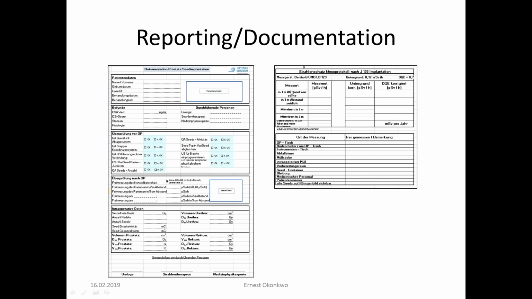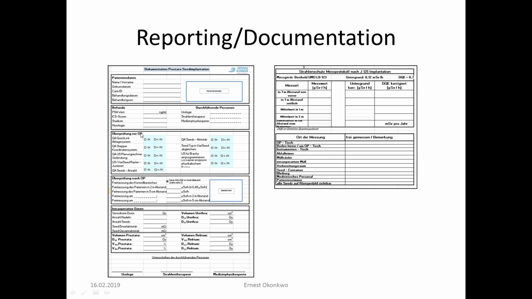After our implants, we do documentation. Of course, we do electronic documentation, but you want to do an extra documentation for yourself and for the department. Here we put the patient name, the diagnosis, the risk group of the patient, the PSA value, histology, and so on.